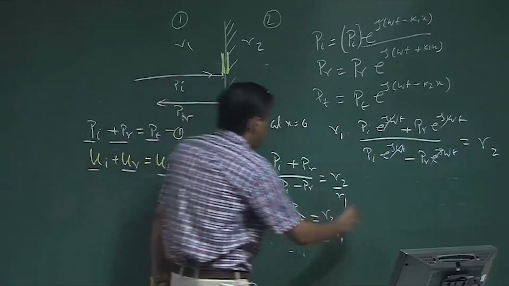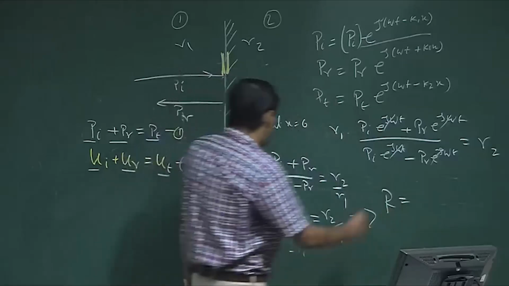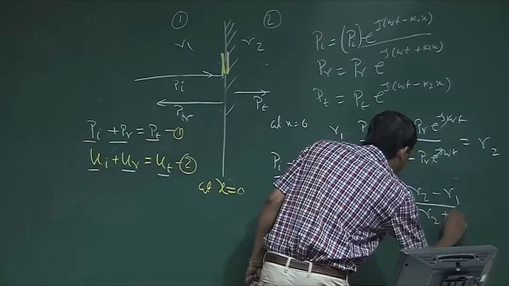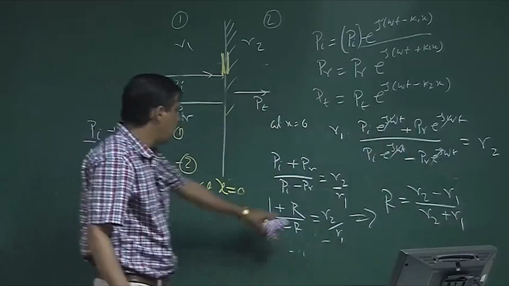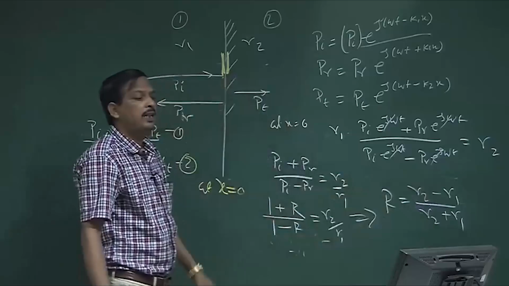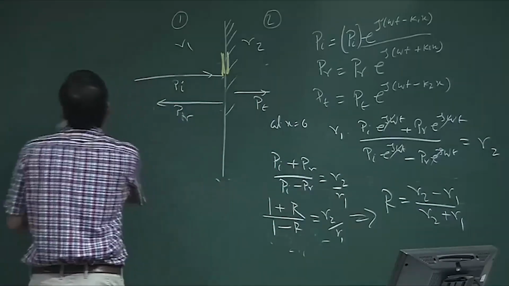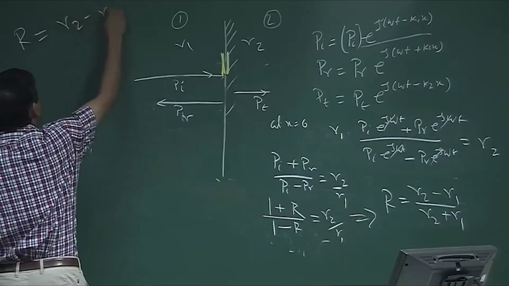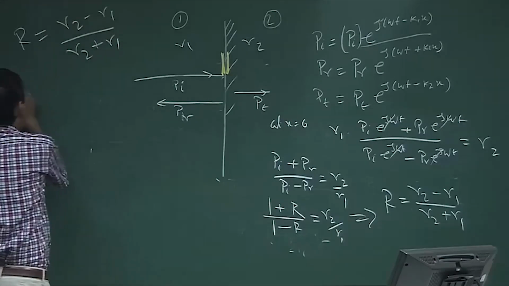So, I can find out from here that r is R2 minus R1 divided by R2 plus R1. So, the reflected coefficient r for this normal incidence is R2 minus R1 divided by R2 plus R1. What is the transmitted coefficient?